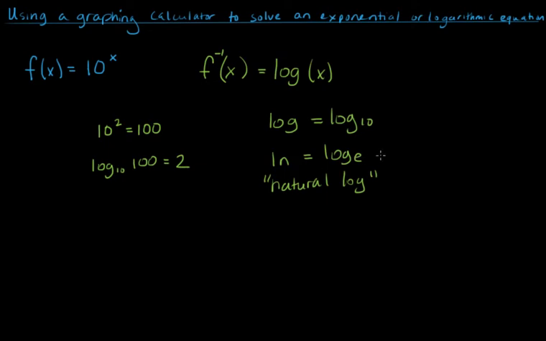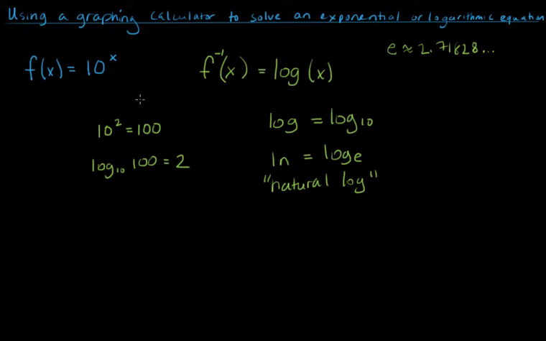Remember that e is that number that we talked about before. It's about equal to 2.71828. It's kind of like pi. It describes continuous growth. So the natural log is log base e, and log base 10 is just log in your calculator. Those are the ones that we'll deal with in these kinds of problems, but we'll start to deal with different kinds of logs later.